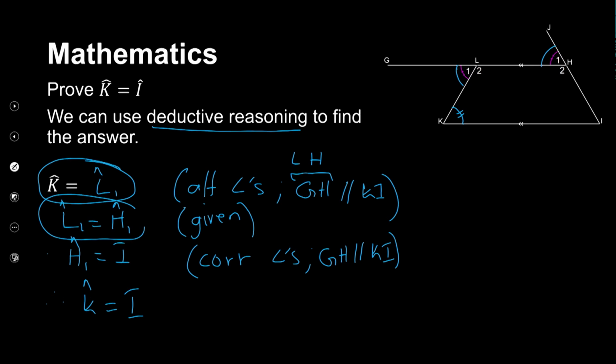I know this, I am given. I know this, corresponding. If I link all of that, then I can claim what they want me to prove, and I will be done. So that's how you therefore use deductive reasoning to try and prove some questions in geometry.